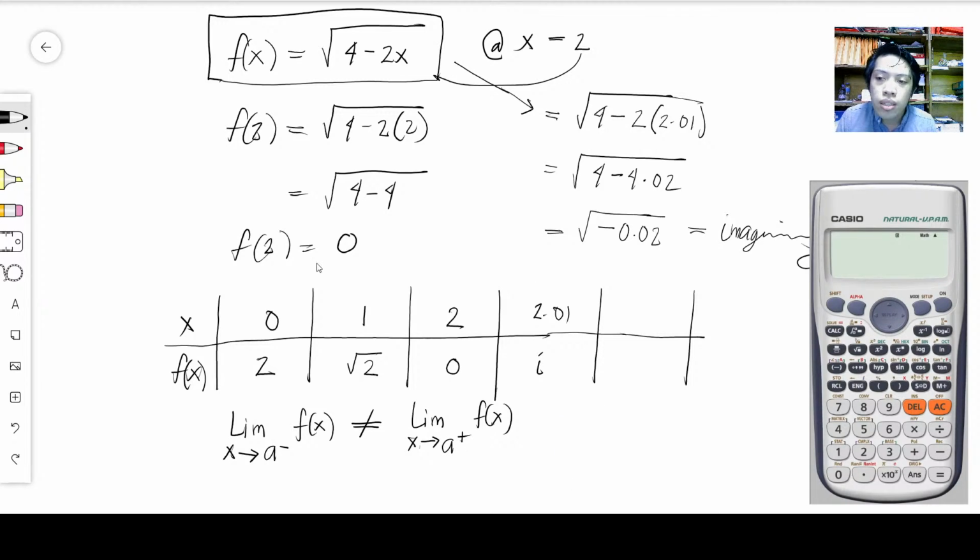Diba? This is the case kasi for this function. So if the right hand limit and the left hand limit are not equal, then we can say that function is discontinuous.